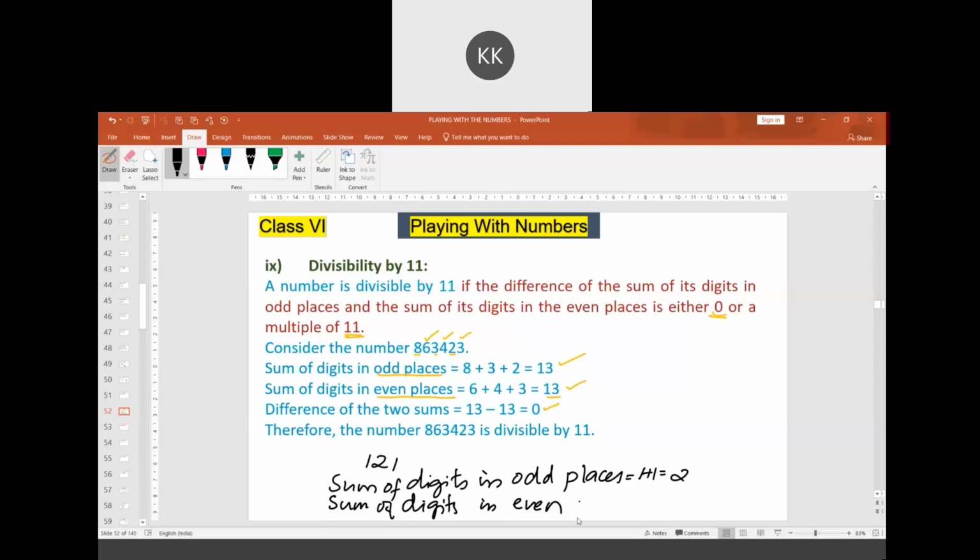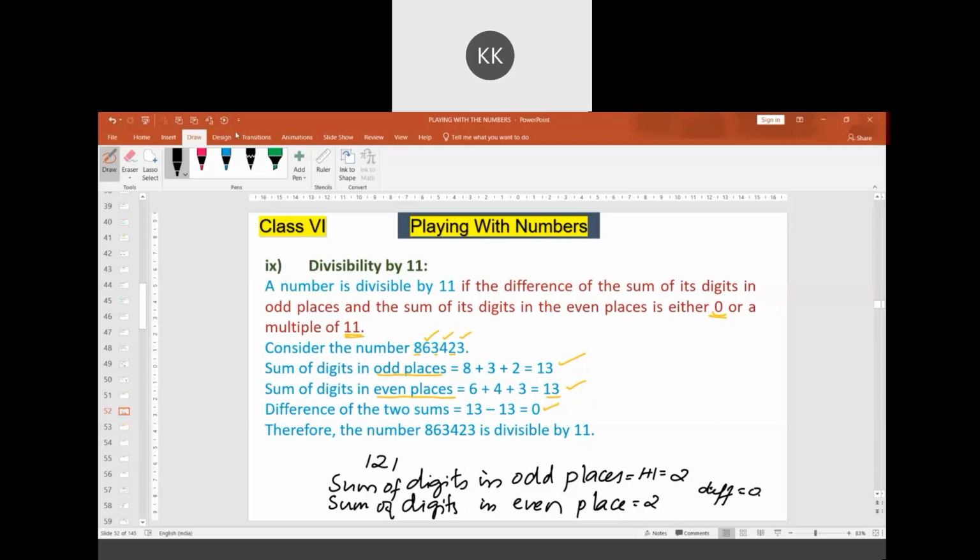There is only one digit, which is 2. Now find the difference. The difference is 0. Whenever the difference is 0, we say that the number is divisible by 11. If the difference is 22, we say that the number is divisible by 11. If the difference is 33, then the number is divisible by 11.